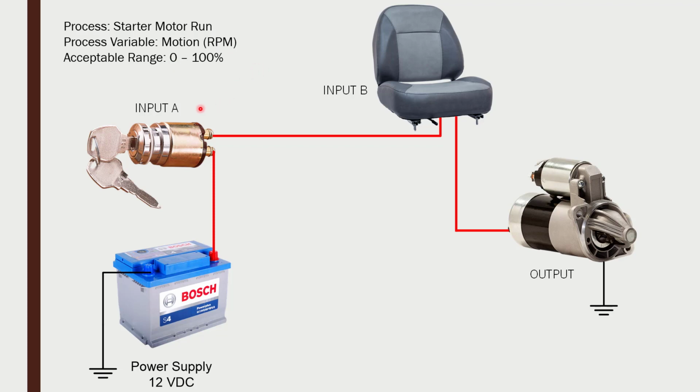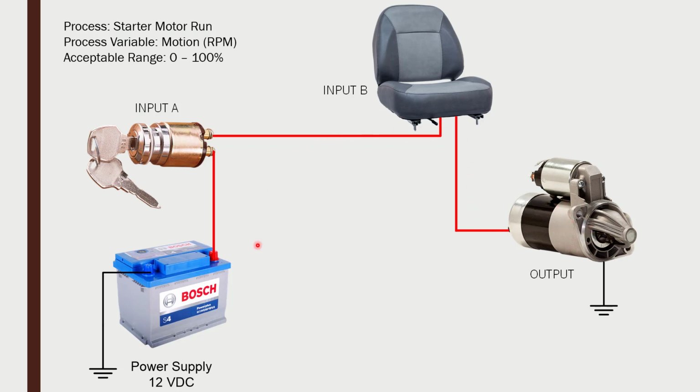So in this particular system, this process control system, I have two inputs, and to make this work, now I have to have input A and input B to be true or high or on, whatever dichotomous terms we use for this particular logic. But A and B have to both be on before I get the desired output.